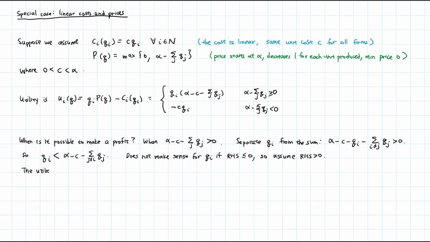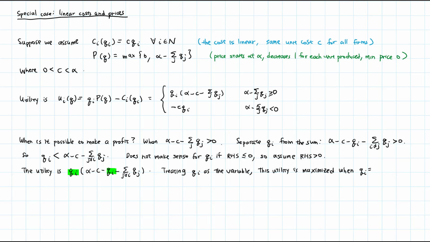The utility is then Qi times alpha minus C minus Qi minus the sum of Qj's not equal to i. Treating Qi as the variable, this is really a quadratic expression of Qi. So this utility is maximized when Qi is equal to this expression here. We can use calculus or any other methods to find that.